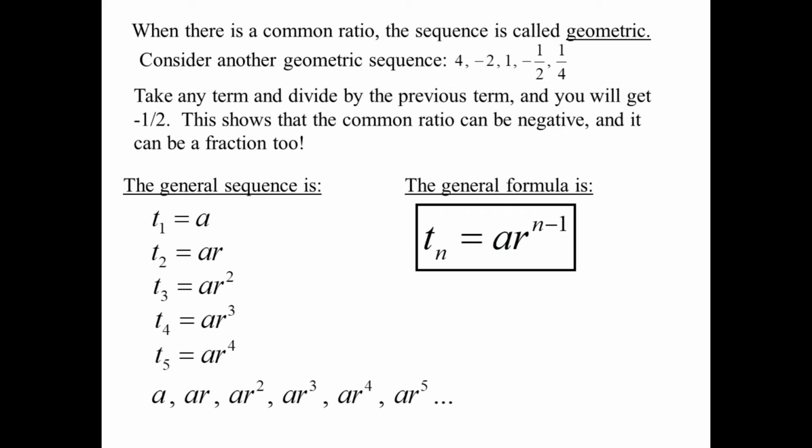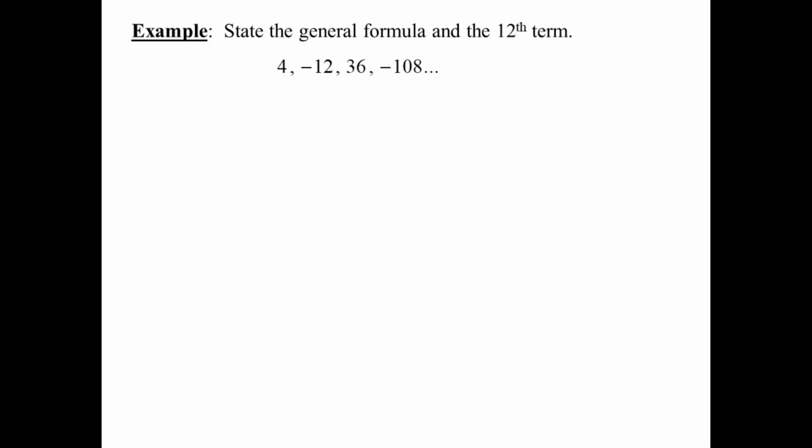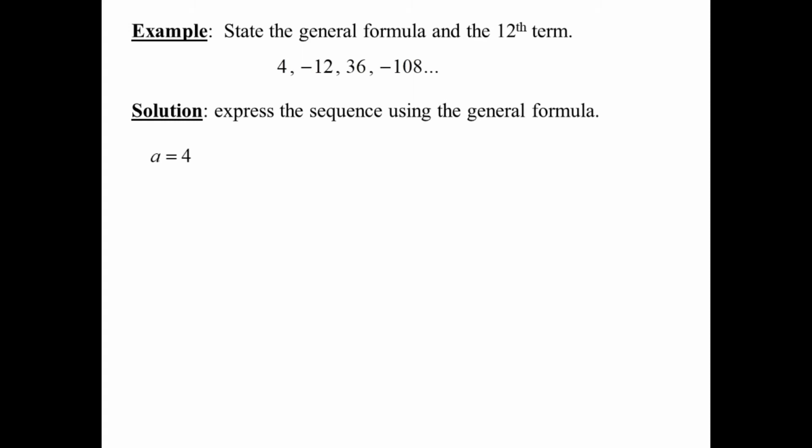Let's do some examples. Example: state the general formula and the 12th term. Solution: express the sequence using the general formula. To do that, we're going to need a, which is 4, and r, the result of dividing backwards. -12 divided by 4, or 36 divided by -12, is -3.